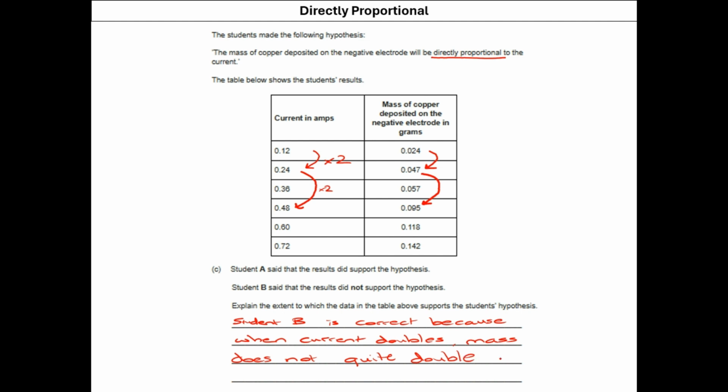But I'm going to make a point, but it is very close. So I can sort of see why student A thinks that. But that's how I check a table for if it's directly proportional.